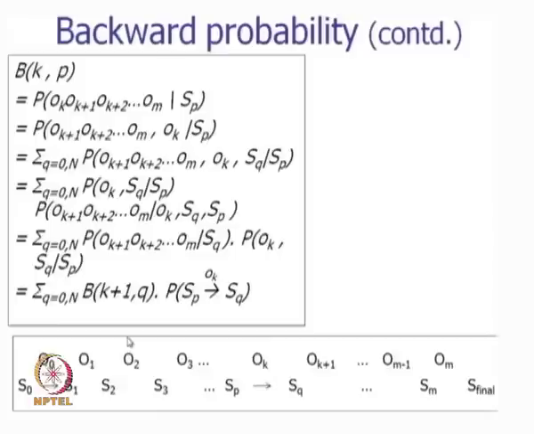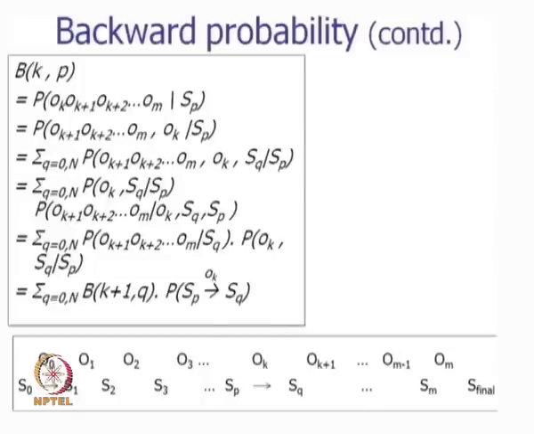Okay. So, let me just repeat this point. For any point in the output sequence and the corresponding state sequence, we can compute the forward probability up to that point and the backward probability from that point up to the end of the string.